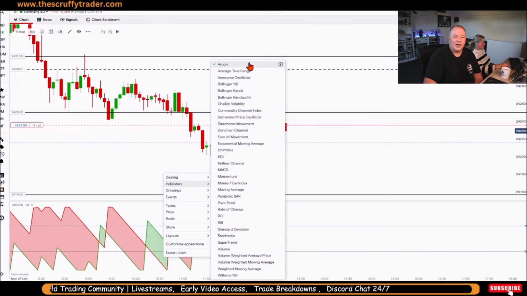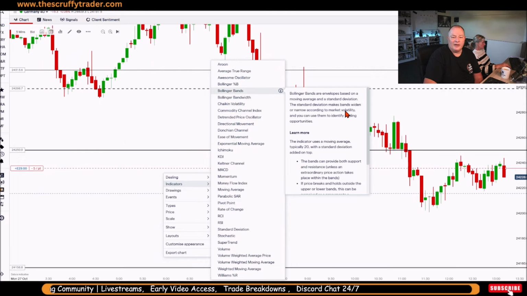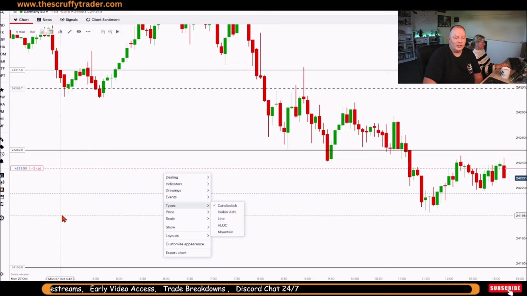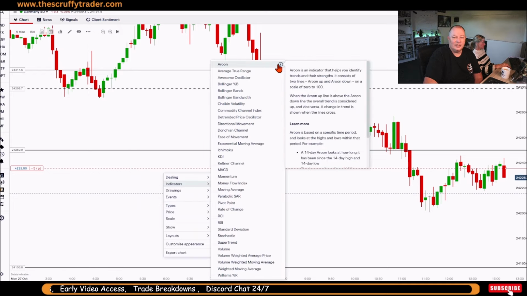Now, if I pull this back and you can kind of see what everything is based on. Now, we're currently at 29 profit on this thing. So I'll just drop that back up there. Now, what you can see here, when the Aroon line is above the down line, the overall trend is considered up and vice versa. Well, in this case, it was for down.